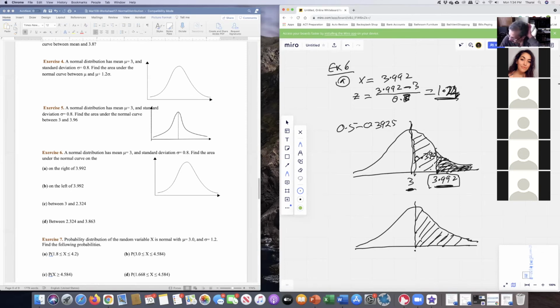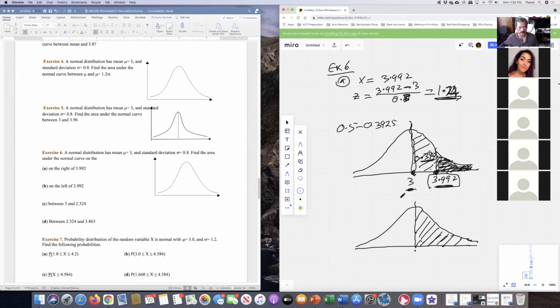So I found the z-score 1.24, I looked it up, and that gave me 0.3925. That is the area from the mean to 3.992. The table only gives you the area from the mean to that number. So using that number, I have to find the answer I need. The answer I need is the area on the right side of 3.992. To find that, I need to subtract this from 0.5.